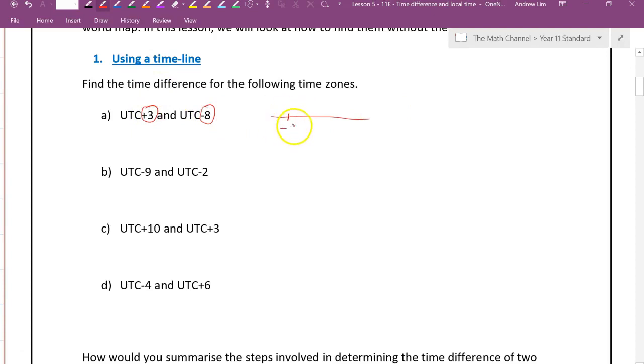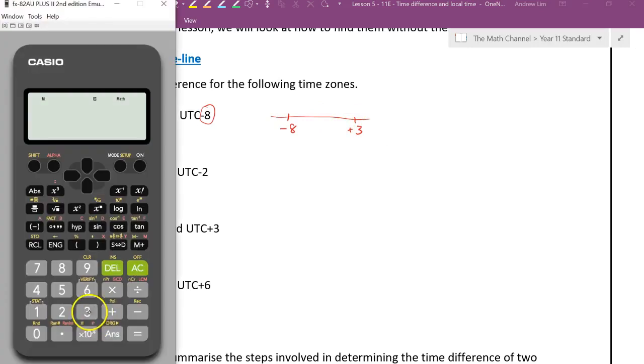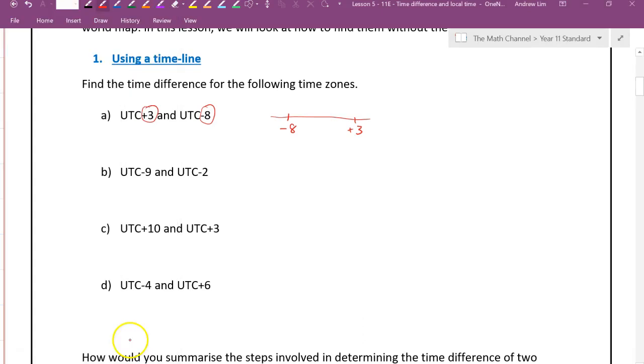Well, minus 8 will lie to the left of 3. If we want to work out the difference, we always take the bigger number and minus the smaller number, so we can just use our calculator. 3 minus 8 is 11. That tells us that there's an 11-hour time difference between these two time zones.